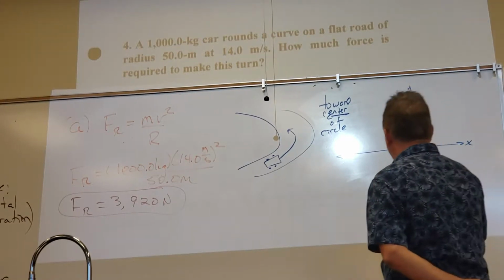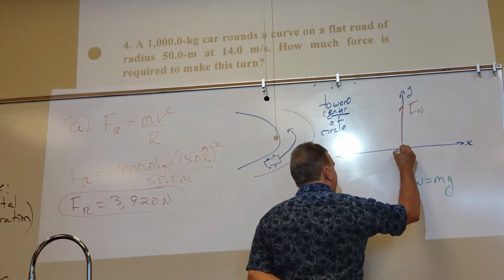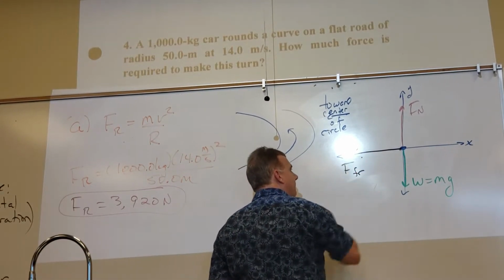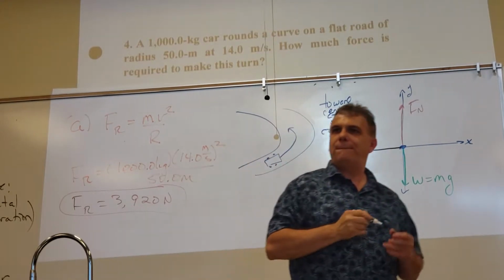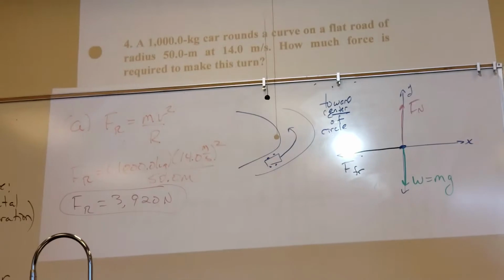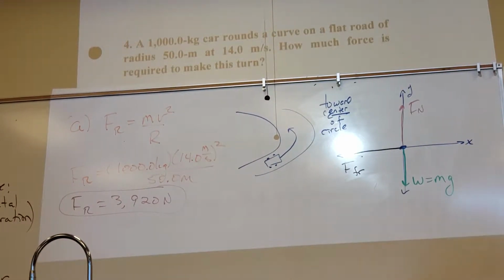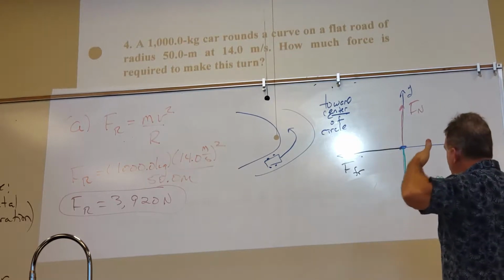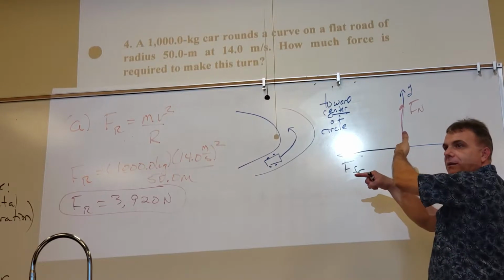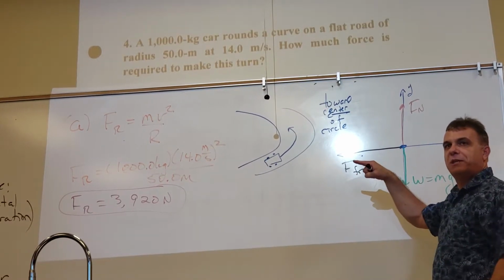Methinks friction is... why that way? The car is doing this. What it really wants to do is go in a straight line. But it's not. It's going to go that way. Well, then there has to be something pushing it that way.